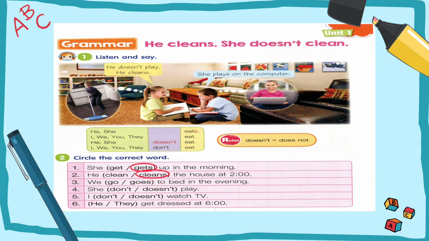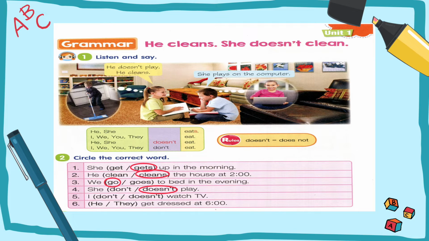Number 3. Goes to the bed in the evening. What's the correct answer? Okay, go. We go to the bed in the evening. Number 4. Doesn't play. What's the correct answer? Okay, good. She doesn't play. Number 5.